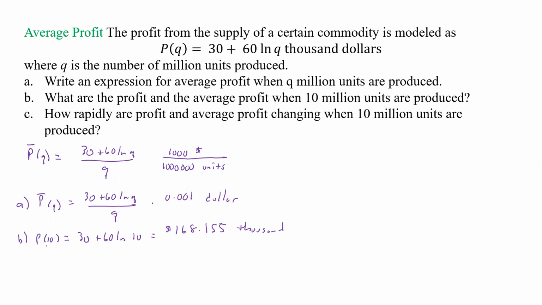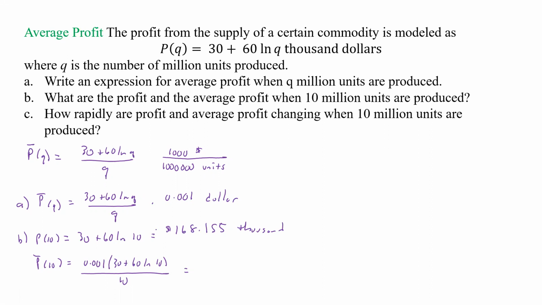Now we've got our P bar, so now we have to do P bar of 10. So that's going to be our 0.001 times 30 plus 60 ln of 10 divided by 10. And so that's going to be equal to 0.001 times the 30 plus 60 ln of 10 divided by 10.